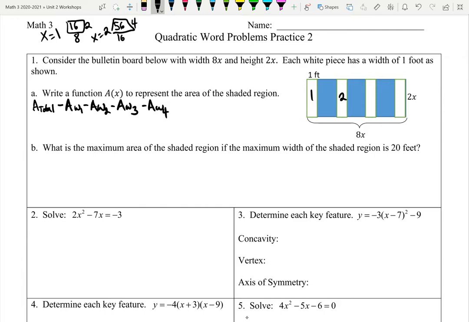The total is all of this space, and we're going to punch out rectangles going like so. Notice what's left over is the shaded region.